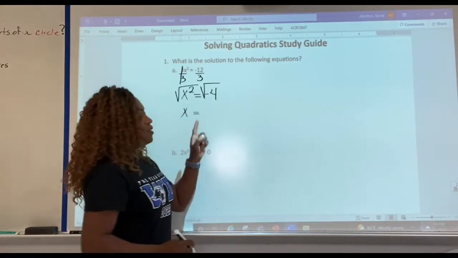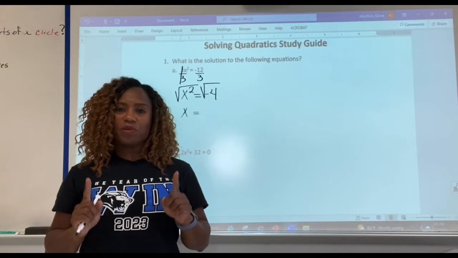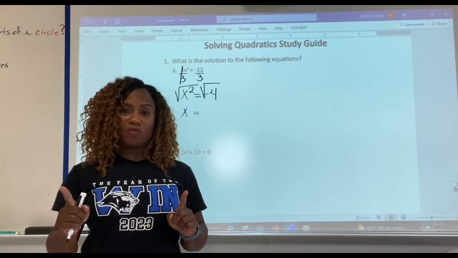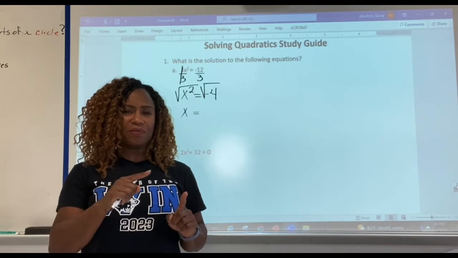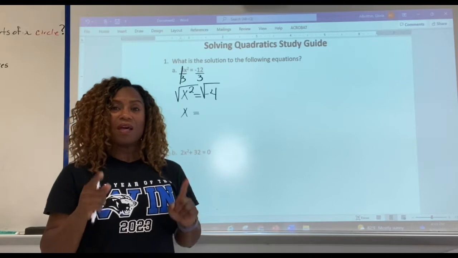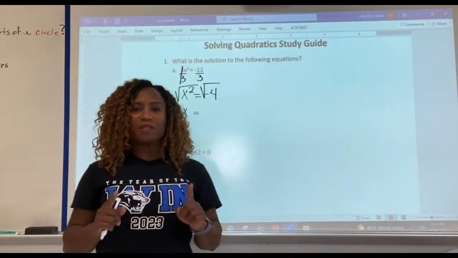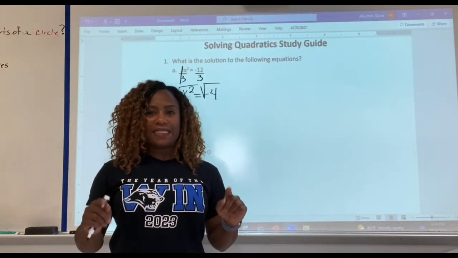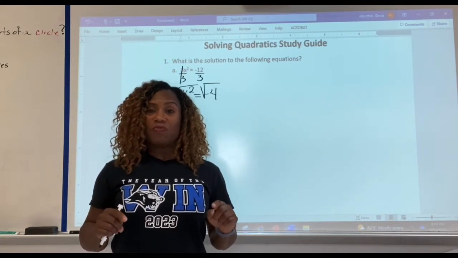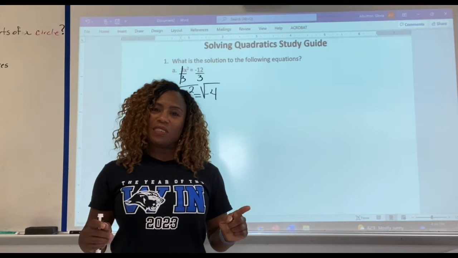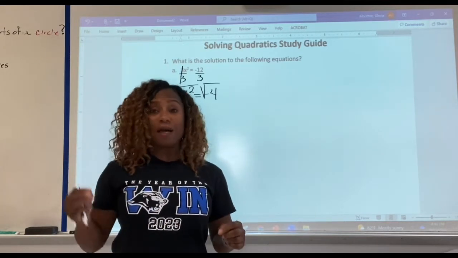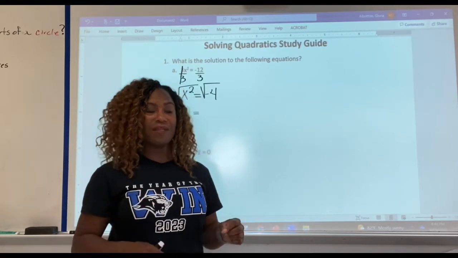equals, now I do know that the square root of 4 is a perfect square because 2 times 2 gives me 4. Also, negative 2 times negative 2 gives me 4. Because a negative times a negative is a positive. However, we learned earlier this year about negative radicals or negative square roots in particular. We found out that there's something called an imaginary number, i, that we can use in order to pull out, so to speak, the negative.